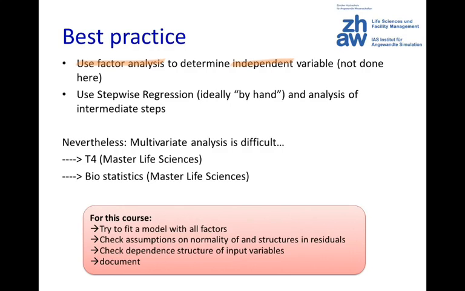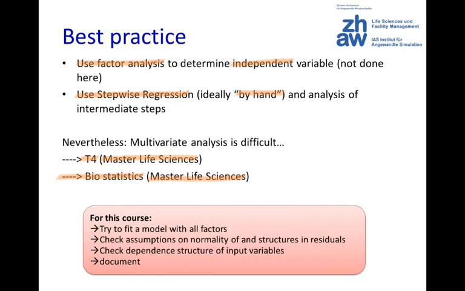The next step would be stepwise regression or by-hand regression, choosing variables and including variables into your model. Such practices are taught in the T4 module in the Master of Life Sciences, also in T3, and in the Plenum course Biostatistics, again in the Master Life Sciences. So this is clearly advanced topics.